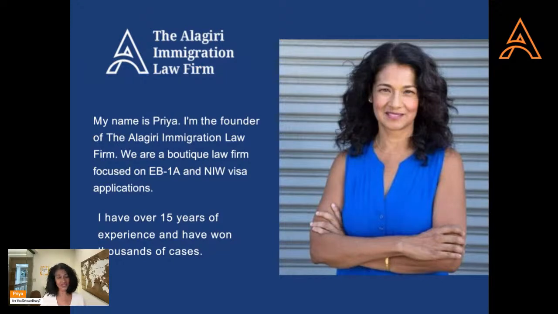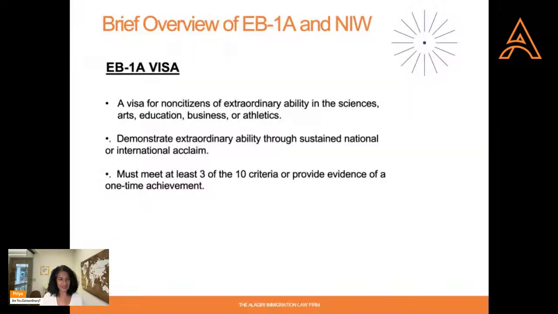We have a customized approach. As I mentioned, I've been doing this for 15 years, and my firm and I are proud to have won thousands of cases. These cases are very near and dear to me, as I also come from an immigrant family. Let's go to the next slide.